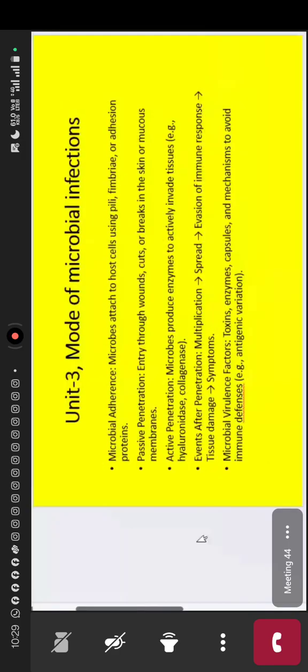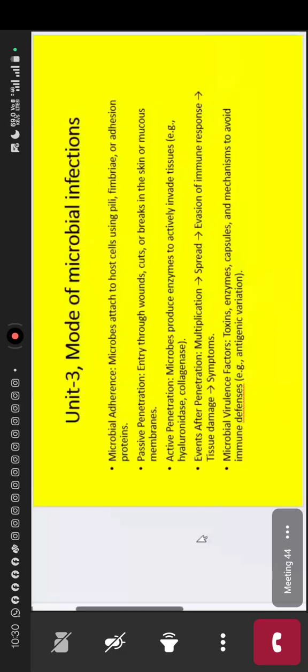Next is the mode of microbial infections. So how is a microbe able to cause disease, how does it transmit into the body, and how is the microbe responsible for causing the infection?